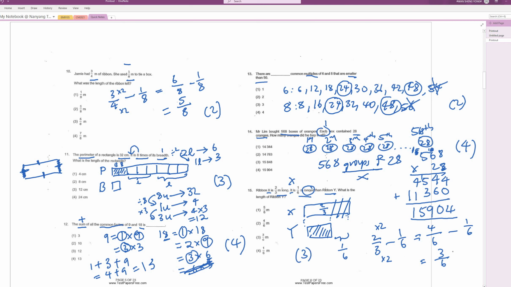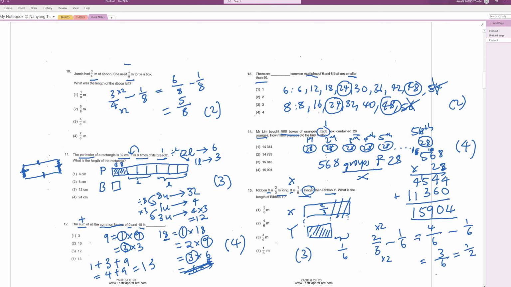Do take note that 3 over 6 can be further simplified to 1 over 2. So if the question did not have the option 3 over 6, then we should choose the option with 1 over 2. So how did we do this?